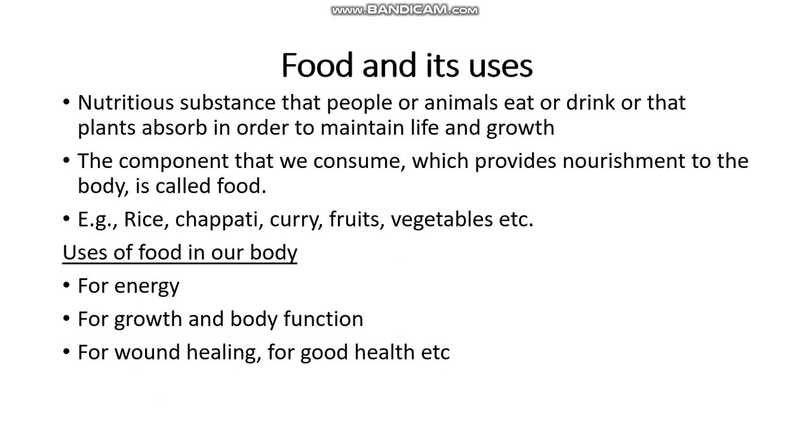These chemicals in food that our body needs for day-to-day activities, we call nutrients. Nutrients are substances that people or animals eat or drink, or that plants absorb, in order to maintain life and growth. So the component that we consume which provides nourishment to the body is called food. For example, you can take rice, chapati, any vegetable curry, fruits, vegetables, etc.